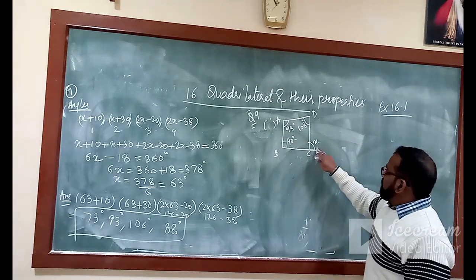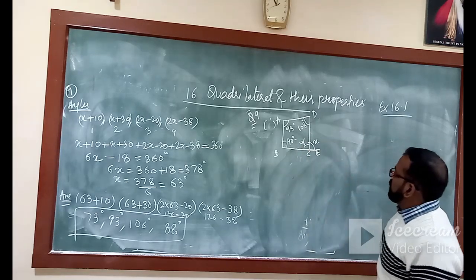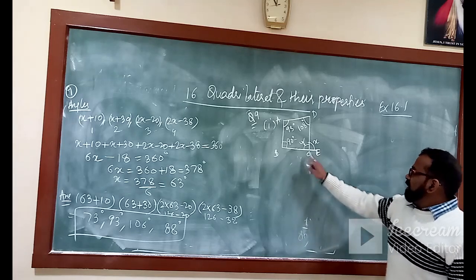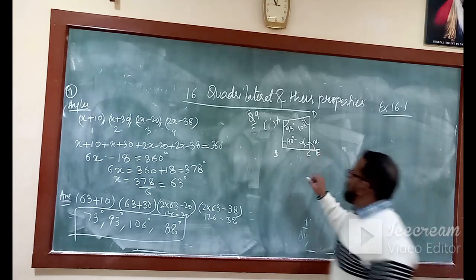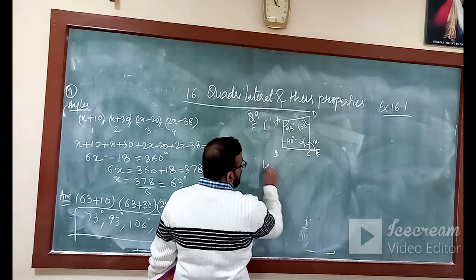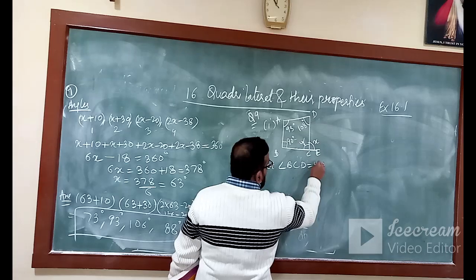Now for finding the value of x, if I got this value, suppose this is y, so we can use the concept of linear pair, and we get the value of x. So I have assumed angle BCD equal to y.